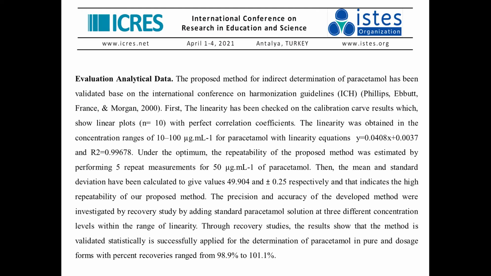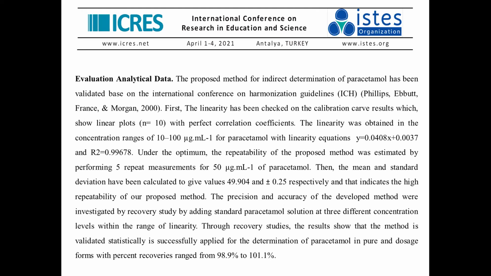And then at the end of this section, when we talk about the evaluation of analytical data, we try to evaluate our experiment and compare it with other methods that have been used, or standard methods such as the British Pharmacopoeia, or British or American standard methods.